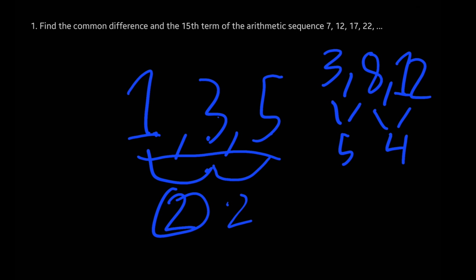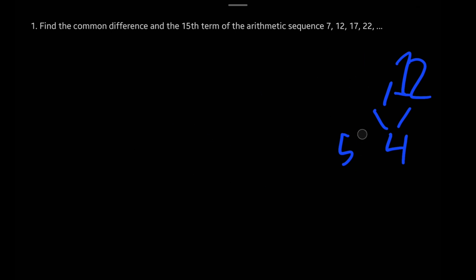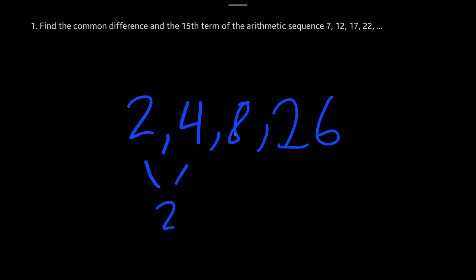A geometric sequence, however, is practically the same as an arithmetic sequence, except we multiply by a value instead of adding. So let's say 2, 4, 8, 16. As we can see, the difference of 4 and 2 would be 2, but the difference of 8 and 4 would be 4, and the difference of 16 and 8 would be 8.